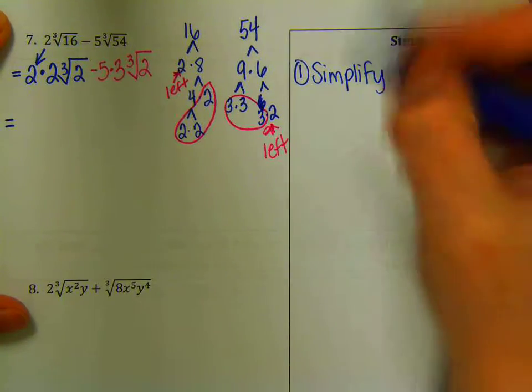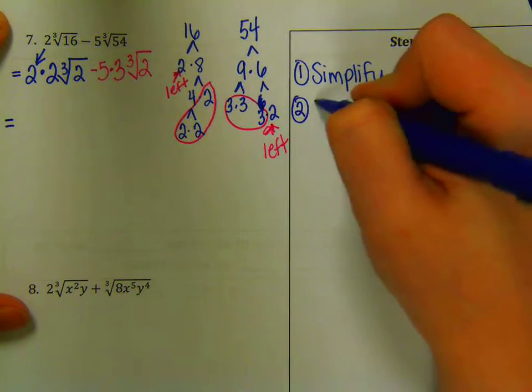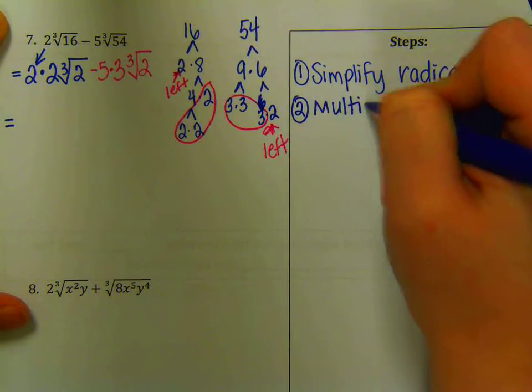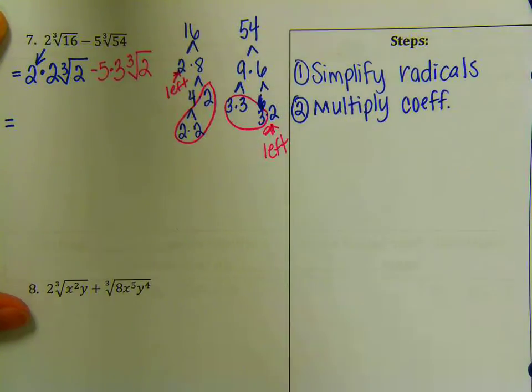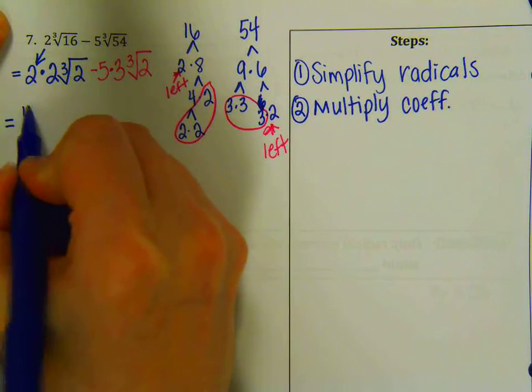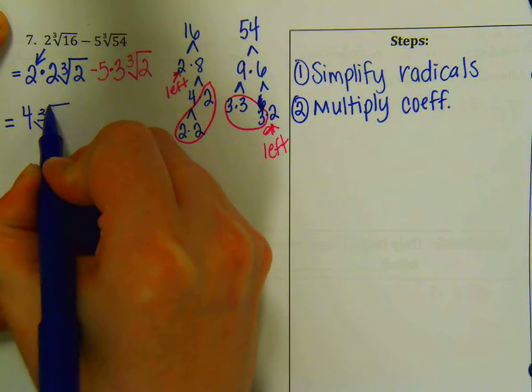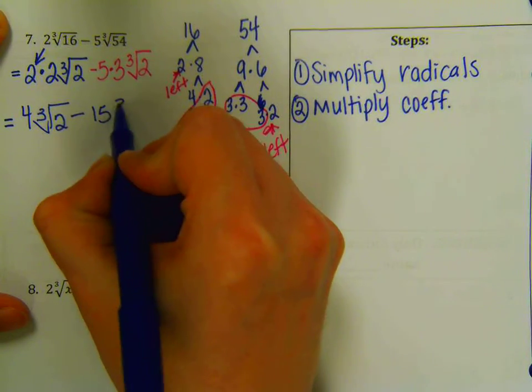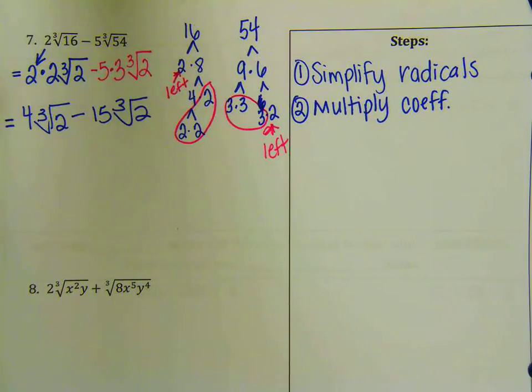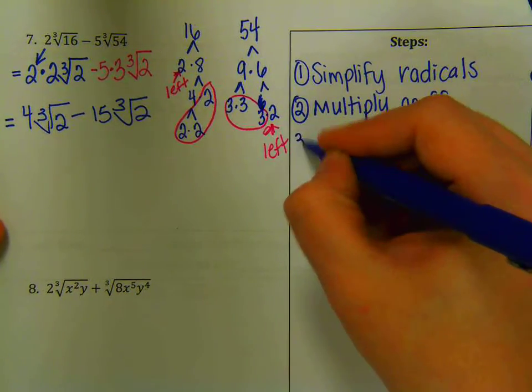So after we simplify, I'm going to multiply coefficients. 2 times 2 is 4, cubed root of 2. Then we have minus 15, cubed root of 2. Since we have the same index, the index is 3, we have the same radicand, the radicand is 2.